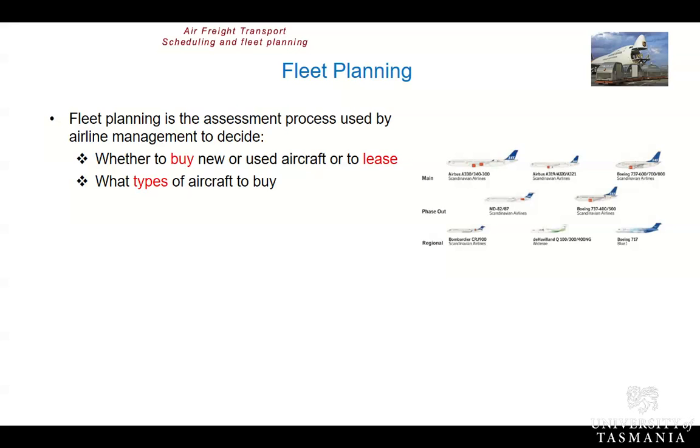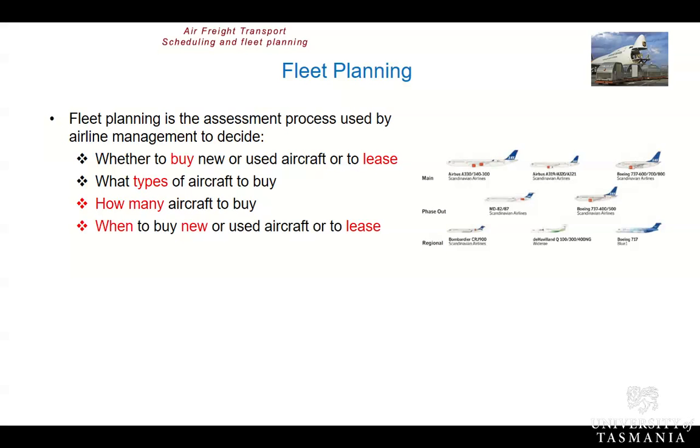If a decision has been made in regards to buying, then the next step in the process is to make a judgment on what types of aircraft. So, are they going to be small, medium, large, wide body, narrow body? Also, if they are going to bring some more aircraft into their fleet, how many? So, how many are they going to buy?